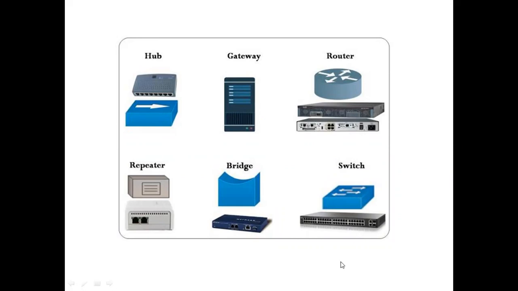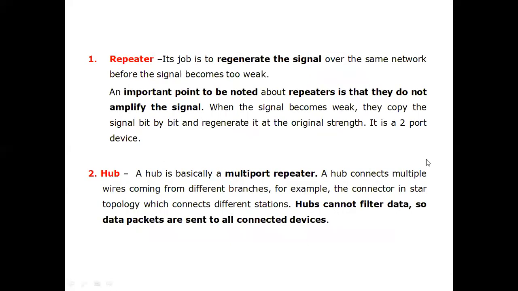Just see this diagram: the hub has many ports, and this is a gateway, this is a router. The arrows show multi-directional flow, but the hub is one directional. This is a repeater, bridge, and switch.